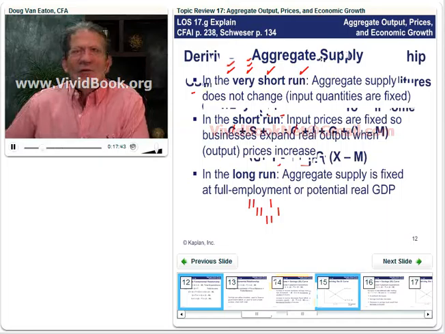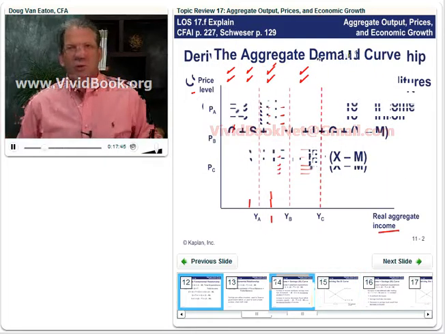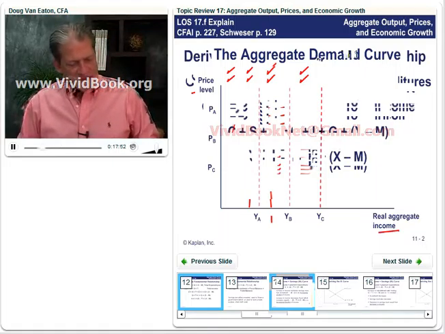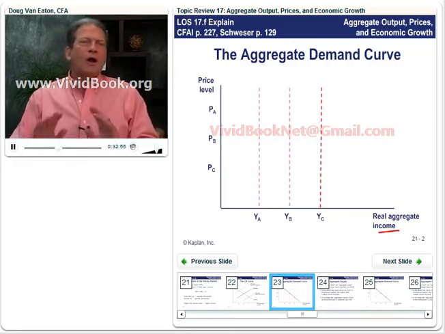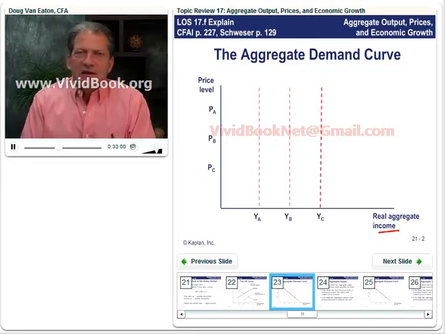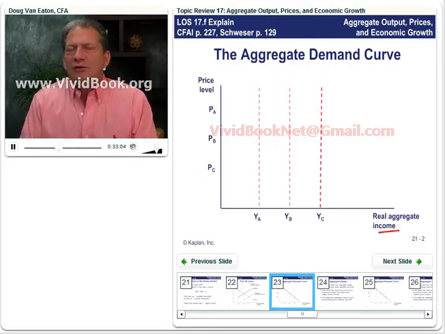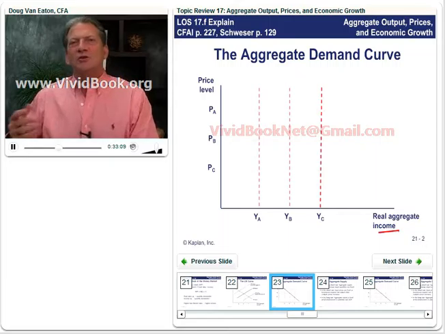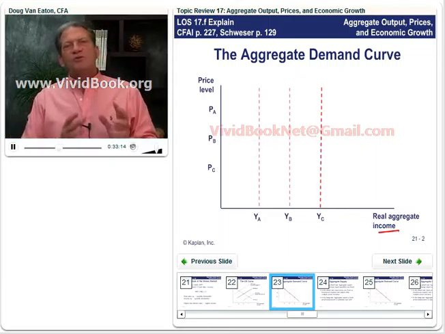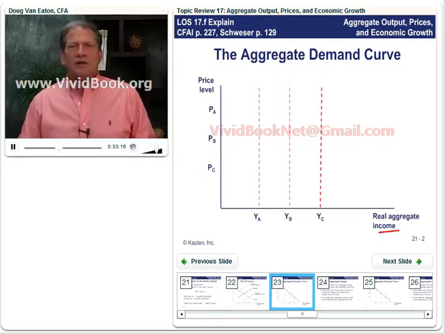at different price levels. I'll spend just a little more time on that one, okay? So that is a long way around. I don't want you to get too confused about that ISLM. If you can remember so far, the IS curve shows the equilibria in the goods market. We can draw an LM curve for each level of the real money supply, plot out some points, and those points are the aggregate demand curve that shows the relationship between the price level and real aggregate income.